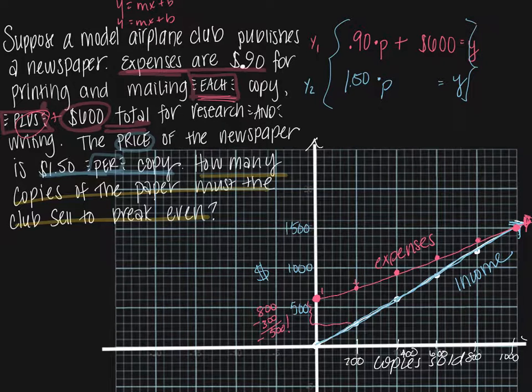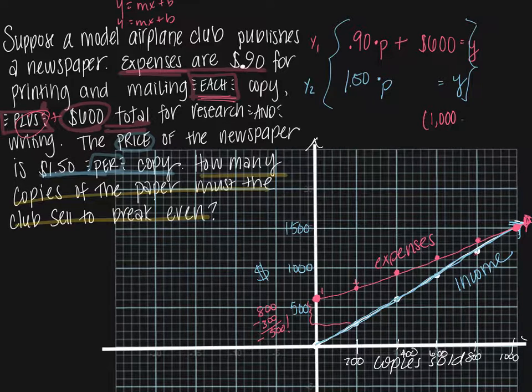Okay, now ultimately down here, I'm only at a difference of a couple hundred. Down here, I'm finally going to break even. It means everything I publish after 1,000 newspapers is profit, but I have to sell 1,000 to get my money back. So you're going to end up finding this point at 1,000 and 1,500.